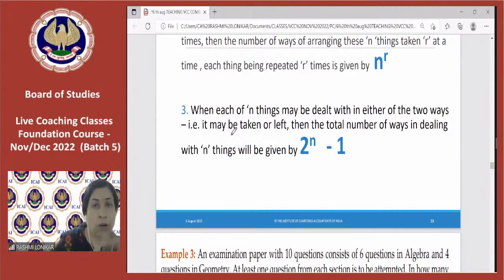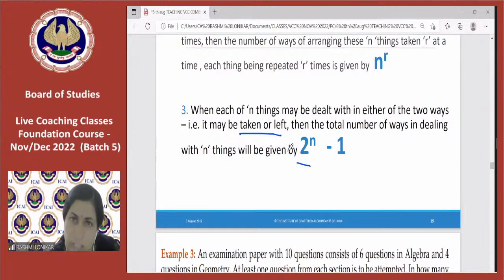For question number 2, I will again decide attempt or non-attempt. So all this is given by the fact that I have 2 options, attempt or non-attempt. That is why this 2 comes from there: I have an option to take it or leave it. Either I will take the question and try to solve it, or I will leave it, or skip it, because out of 10 I have to do only 6.